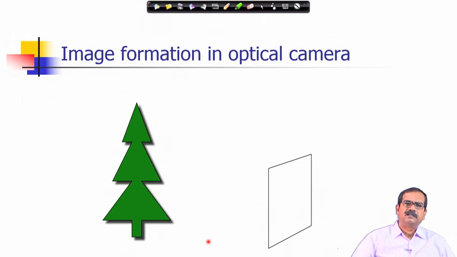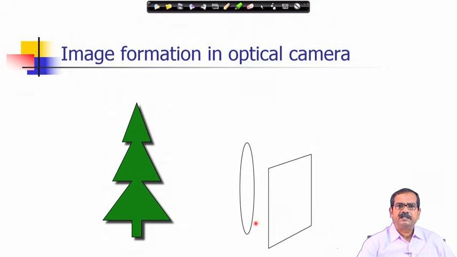So, let us consider how an image is formed in an optical camera. In a camera, as represented here, the lens plays a very critical role, and there is a plane where the image points are projected, where the points of the three-dimensional scene are projected on a two-dimensional plane, which is usually the focal plane of this particular lens.